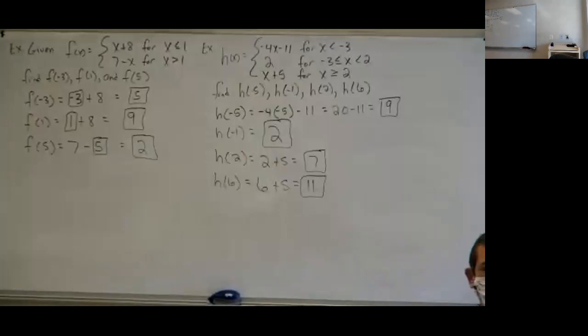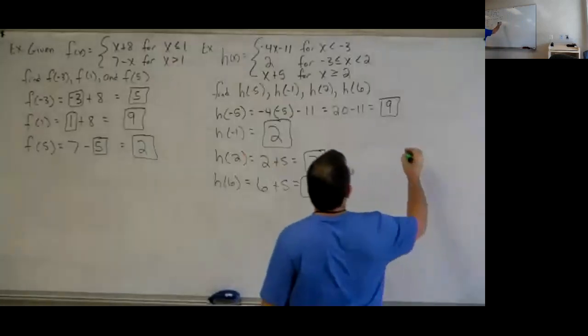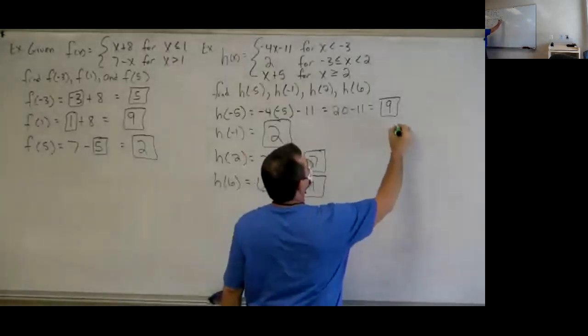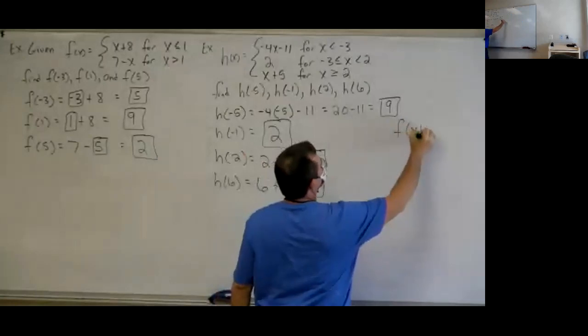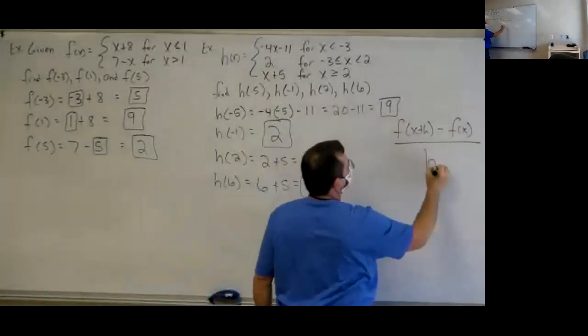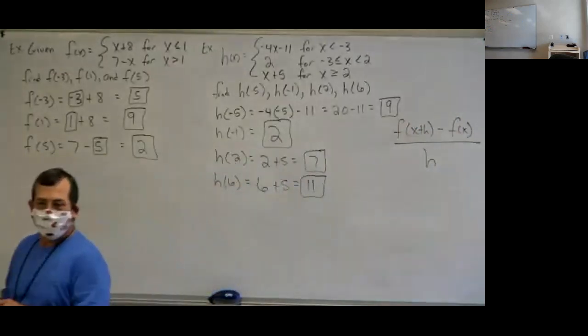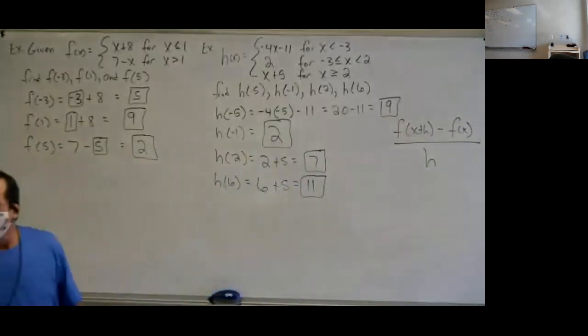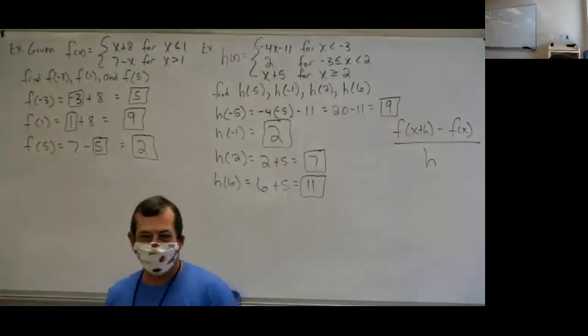Next class, we do what we call the difference quotient. Y'all ever mess with that? Y'all have never seen nothing like this? F of X plus H minus F of X. Y'all ever seen that? You will, on Wednesday.